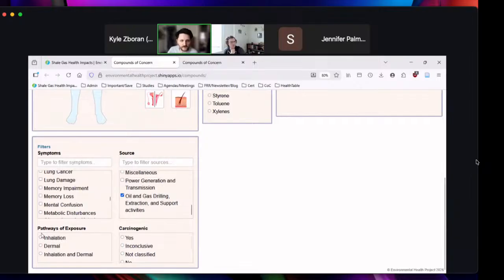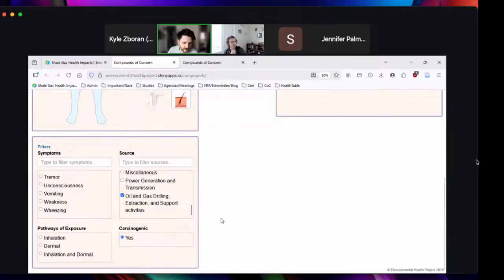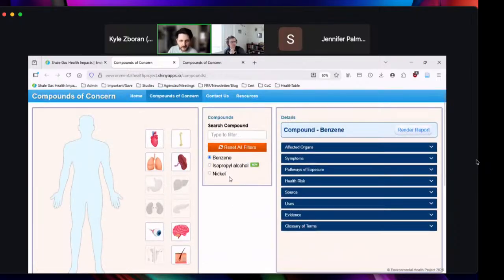And then I also want to know which ones are carcinogenic. So that'll really narrow down the list of those compounds that have symptoms of dizziness, are used in oil and gas operations and are known carcinogens. And so that can really narrow down if you don't know where to start with the compounds, and want to get a shorter list.